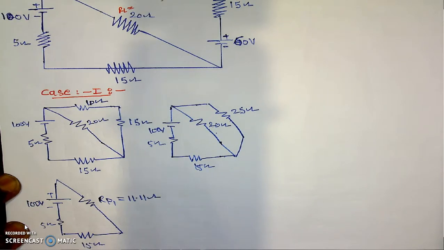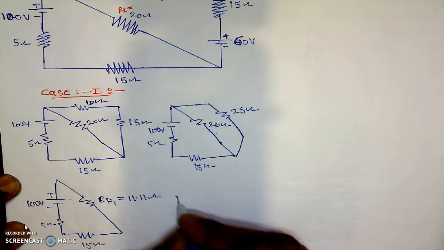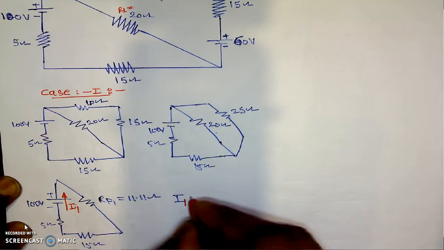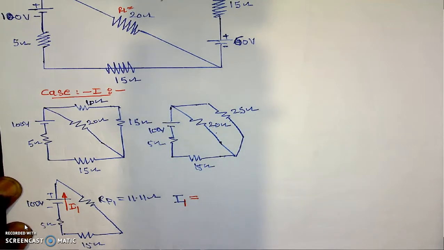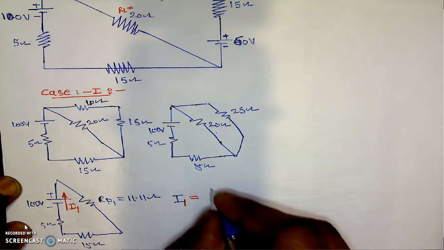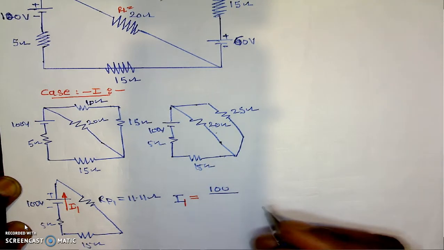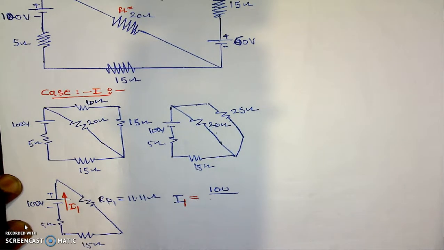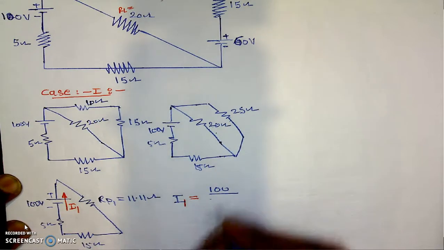Now here we are in a position to calculate its total current I. Here I will mark the polarities. It is necessary to mark the polarities. Here we are aware of this total current, which is I1 for the first case. I will call this I1, which is equal to the total current for the first case, which is equal to total voltage, which is 100, divided by total resistance, which is 5 plus 15 plus 11.11, which is equal to 31.11.